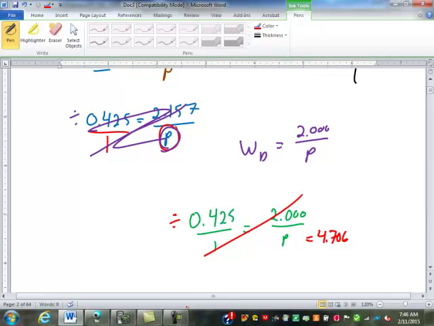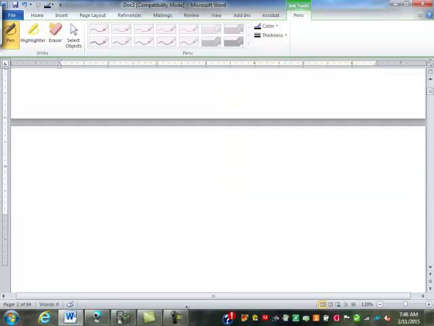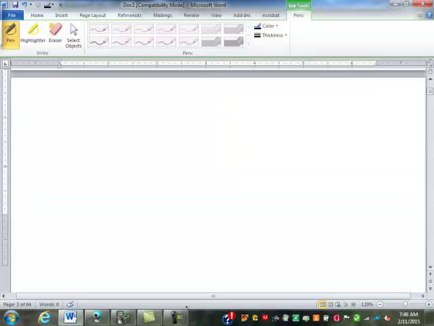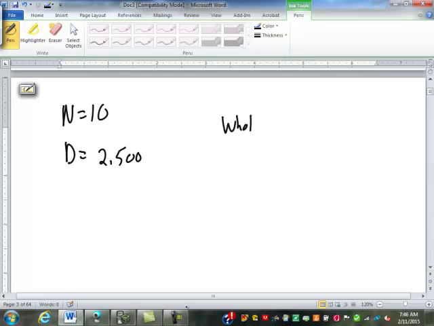We might run into problems where the solution isn't readily apparent. We'll run into some where we have to maybe go through a couple of different levels. Let's say that we are told that we have 10 teeth and a pitch diameter of 2.5 and are asked to find the whole depth.